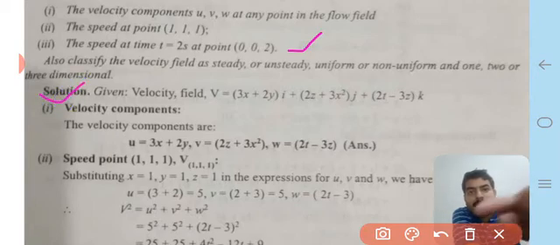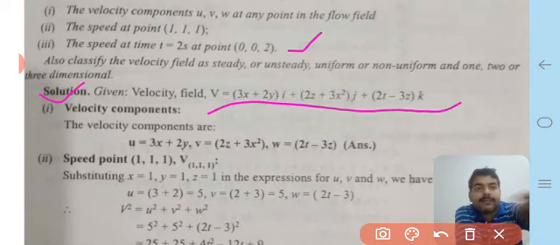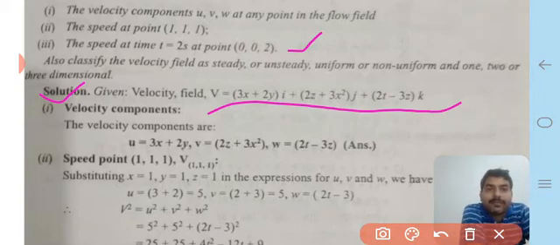Now we come to the solutions. The given velocity field is V = (3x + 2y) i + (2z + 3x²) j + (2t − 3z) k. First question, the velocity components u, v, w at any point in the flow field.